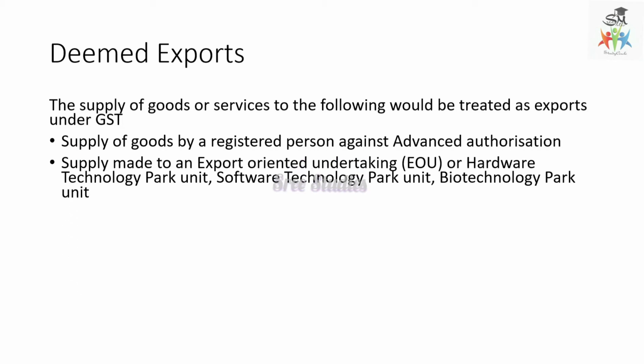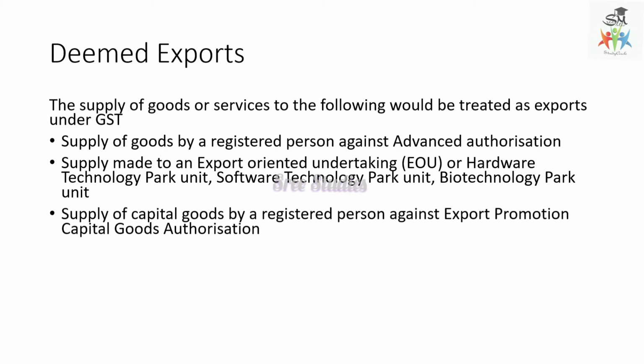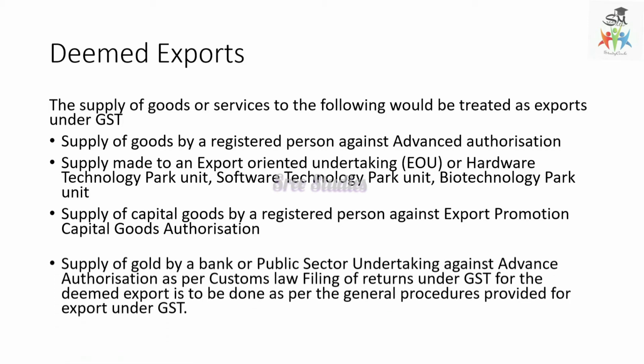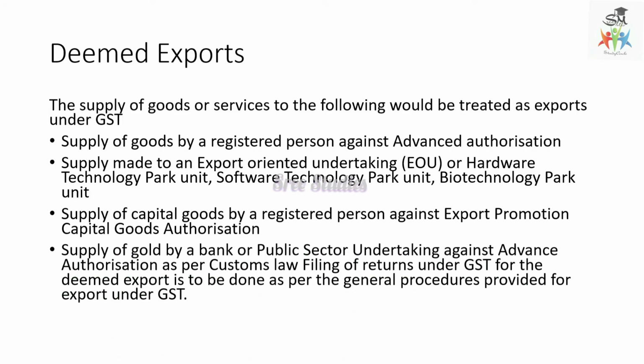The supply made to an export oriented undertaking or hardware technology or software or biotechnology park units, or supply of capital goods by a registered person against export promotion of capital goods authorization. Supply of gold by a bank or public sector undertaking against advance authorization as per customs law.